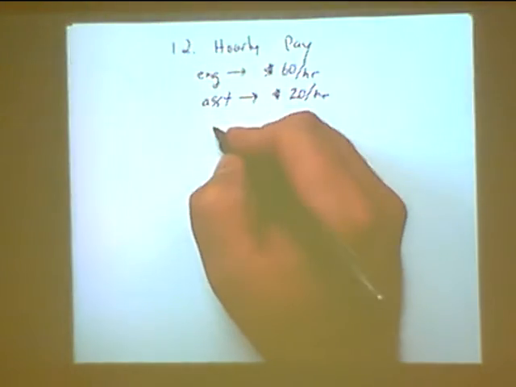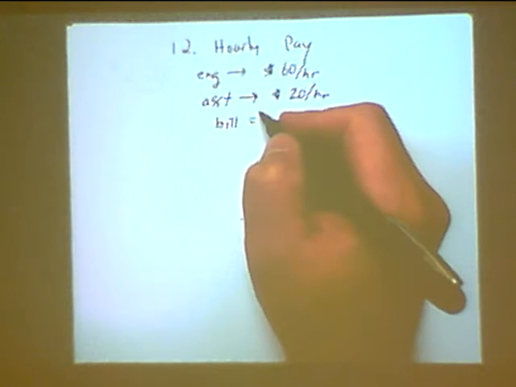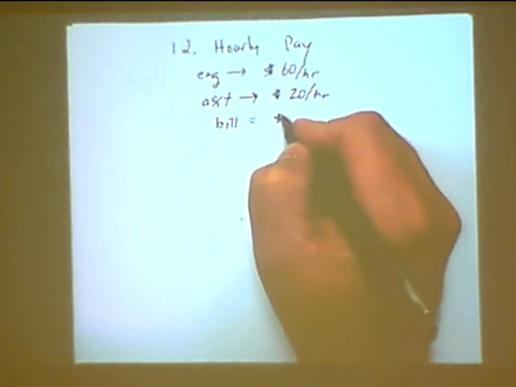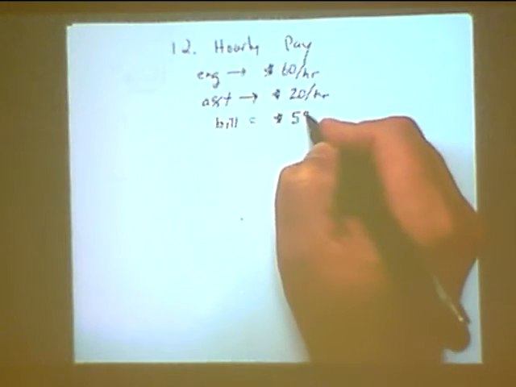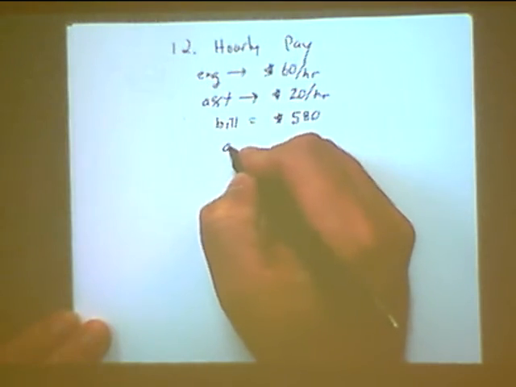Now for this job, when they were sent the bill, they were billed a total of $580, and then it says the assistant worked 5 hours less than the engineer.